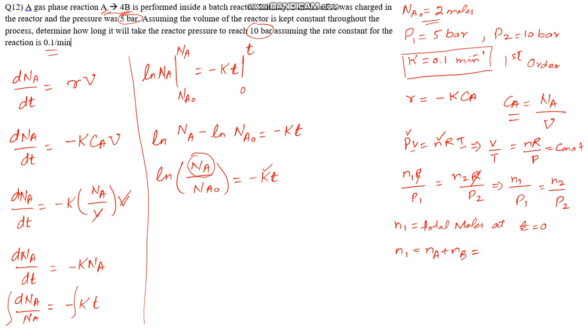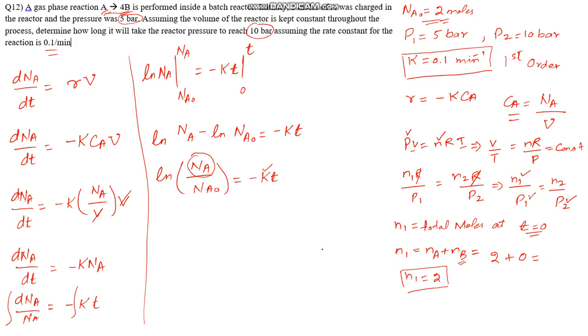So at time t equal to 0, Na is 2 moles, plus the moles of B. When the reaction has not started, moles of B is equal to 0, so N1 will be equal to 2. In this equation, P1 is also given, P2 is also given.